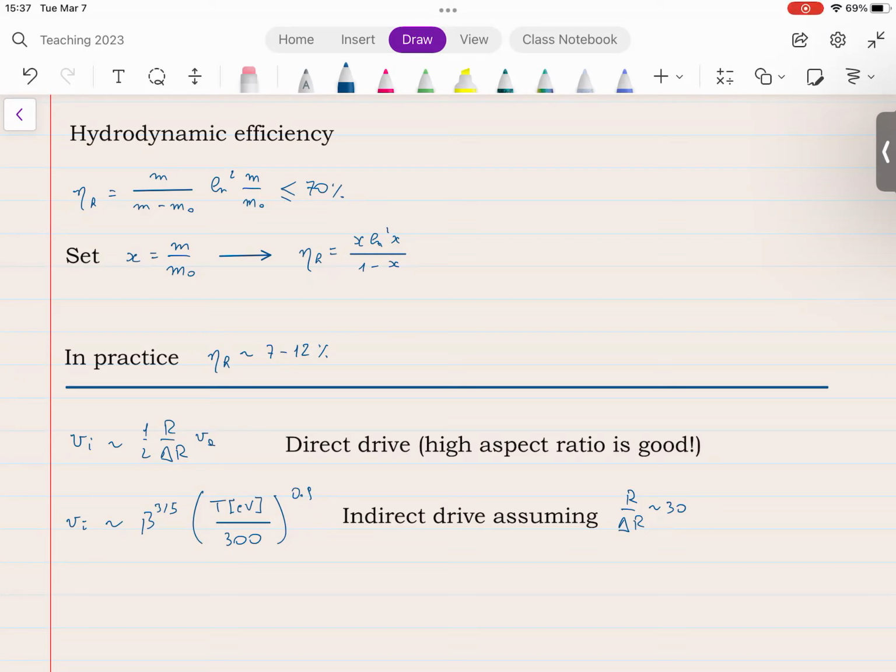That means that the ablation velocity is also going to tell you how thick or thin you can make the foil. So it's really a pretty complex system.